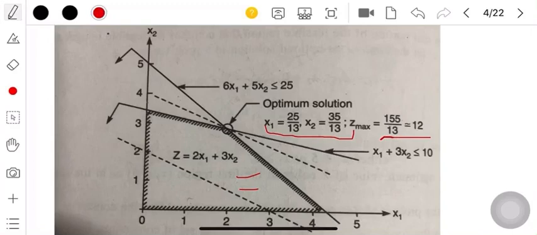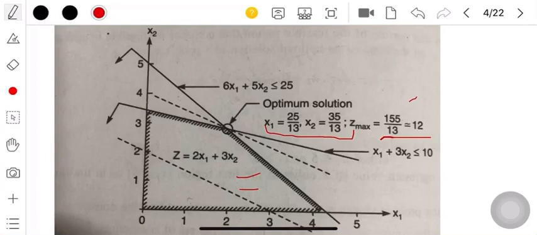One thing is sure. What is that? The value of the objective function cannot be greater than 12, because this is the most optimal value when we do not have any constraint on the variables.